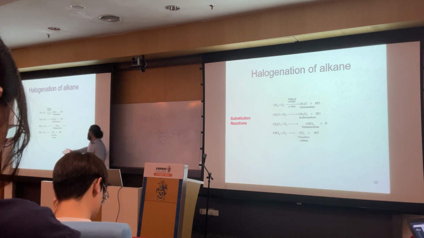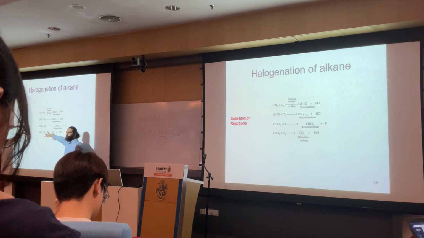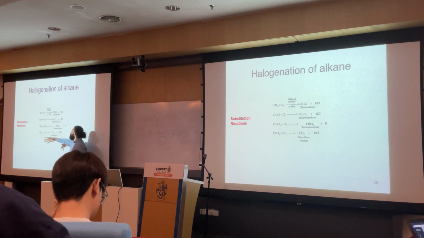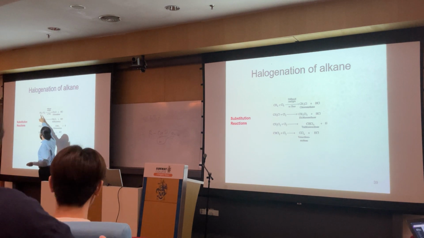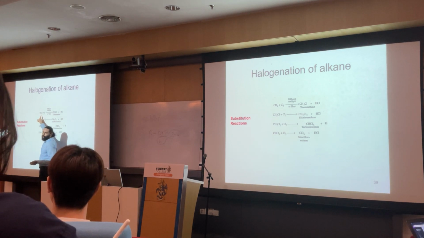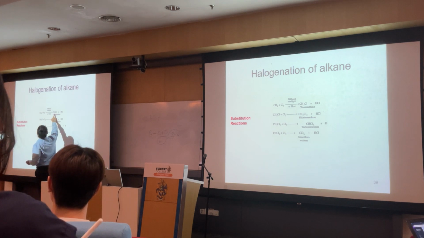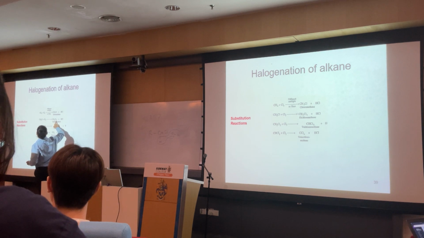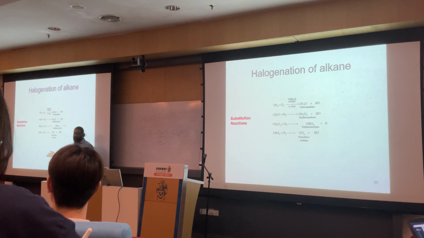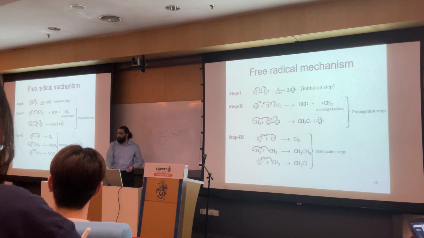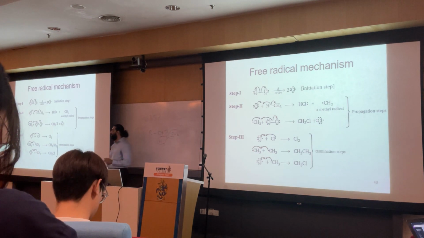So generally we get all the substitutions available in terms of hydrogen. What are we seeing here? Every time one hydrogen is being replaced with chlorine, hence the name substitution reaction. Here one hydrogen is gone, one chlorine came. Another hydrogen gone, two chlorines, and so on and so forth. These types of reactions occur by what we like to call a free radical mechanism.